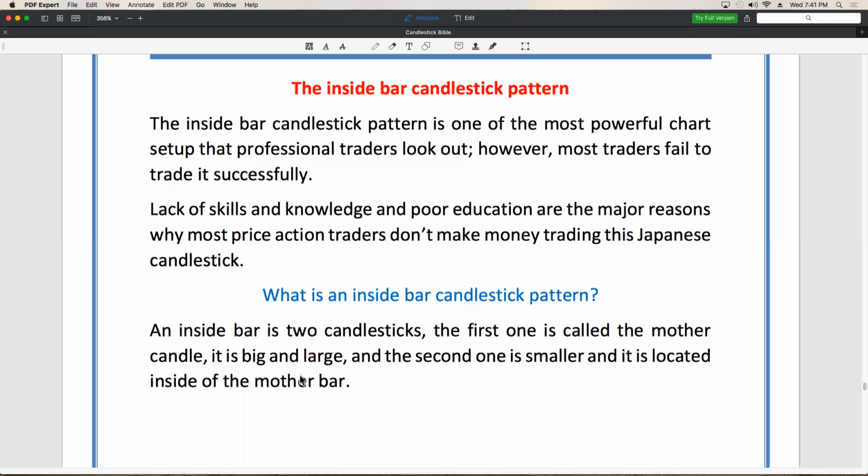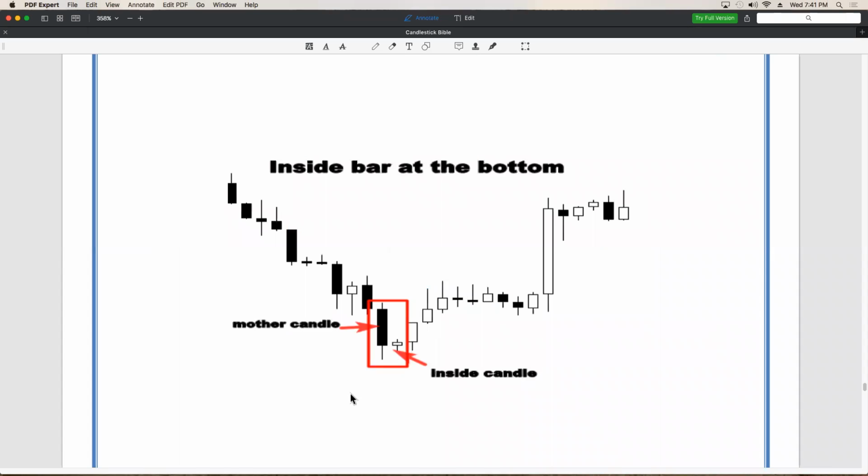So that's the inside bar candlestick. What do you mean when you say it's inside the bounds of the mother candle? What are the bounds? The bounds.